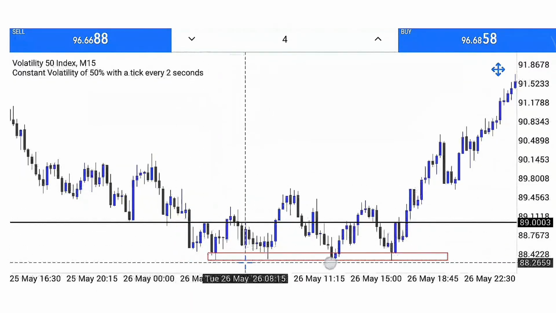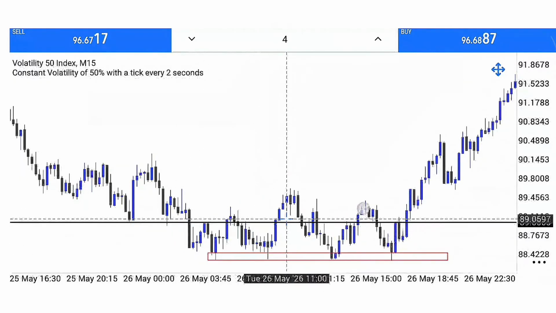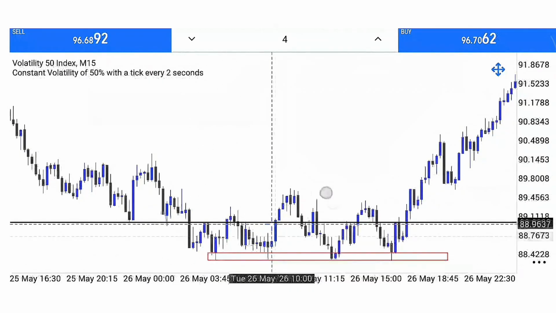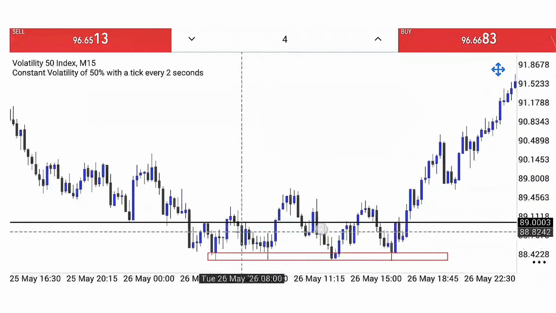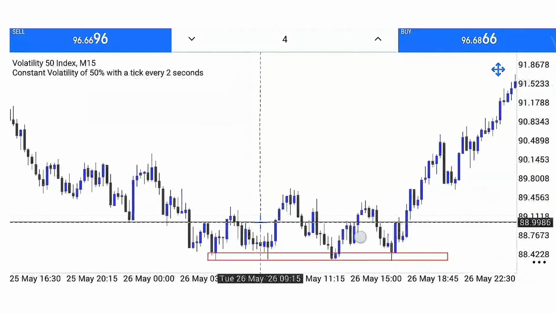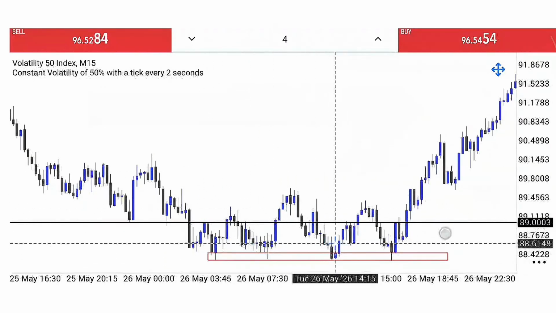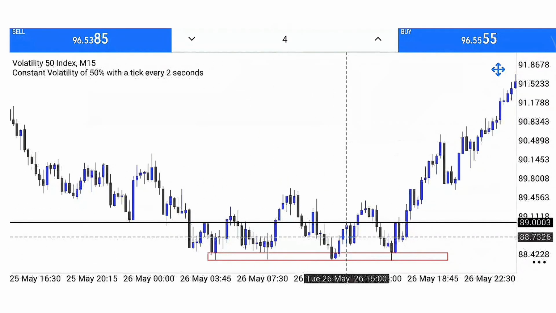The reason why a lot of traders fail in the market is because they trade very small setups, and these small setups always have one goal, and the goal is for them to milk your profit out of your trading account. But if you are wise, you will avoid that. So avoid very small setups like this one. Wait till it's enlarged, till it's grown, before you start looking out for entries.